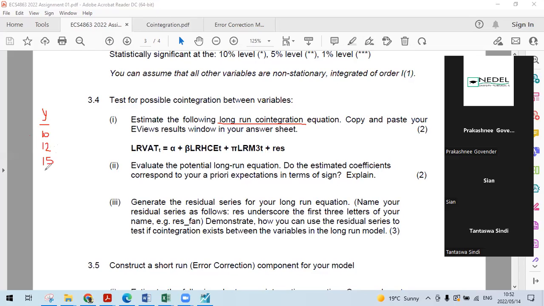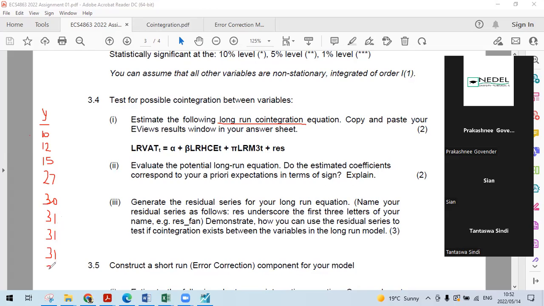Maybe in period 4 it is 27. Or maybe in period 5, it's 30. In the next period, it's 31. Another period, it's 31.